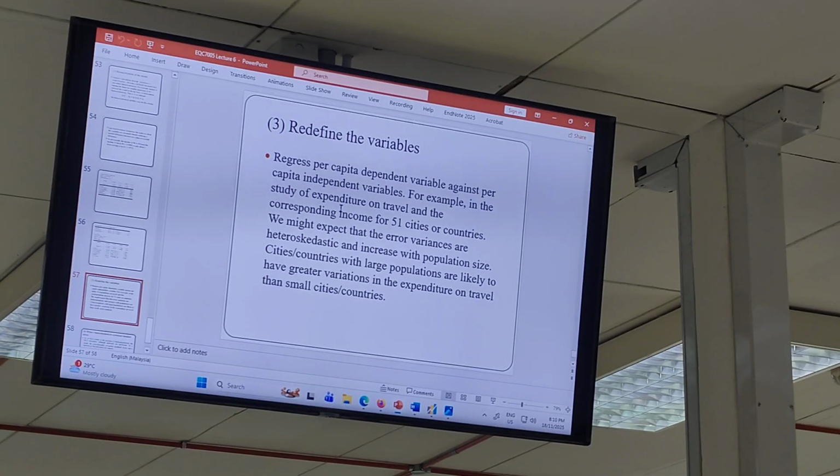So in order to overcome the problem, instead of using the original value, you divide and take the average. So what does per capita mean? Per capita, you divide by the size of the population. So let's say you have expenditures, or let's say the total fuel consumption in the US divided by the population of the US, and then the total consumption in Malaysia divided by the population in Malaysia.